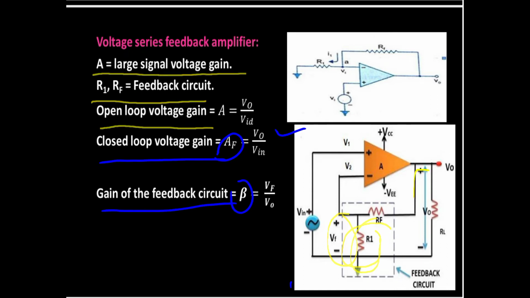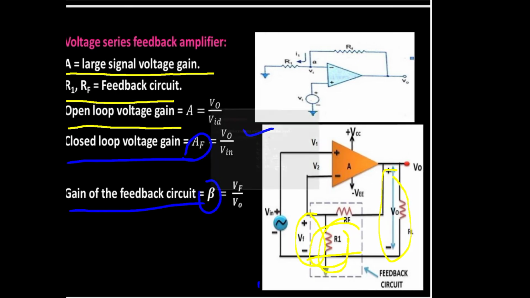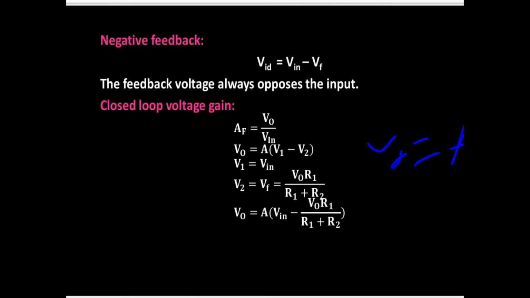Here, the total voltage is V0, so V0 into R1 by the total resistance, RF plus R1. The same thing is written here: VF equals V0 into R1 by R1 plus R2, which is the output voltage of the feedback circuit.